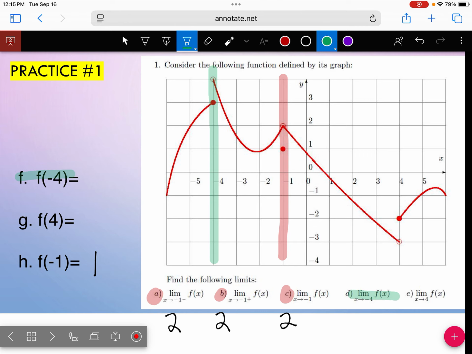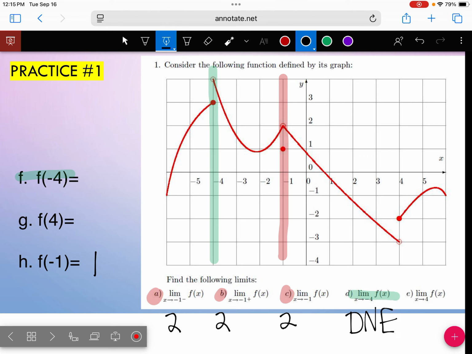So at -4, it's a jump. And what do we know about jumps? They don't have a limit. The reason is that the left side is going to 3, whereas the right side is going to 4. They don't agree. So for question D, you should write D and E.